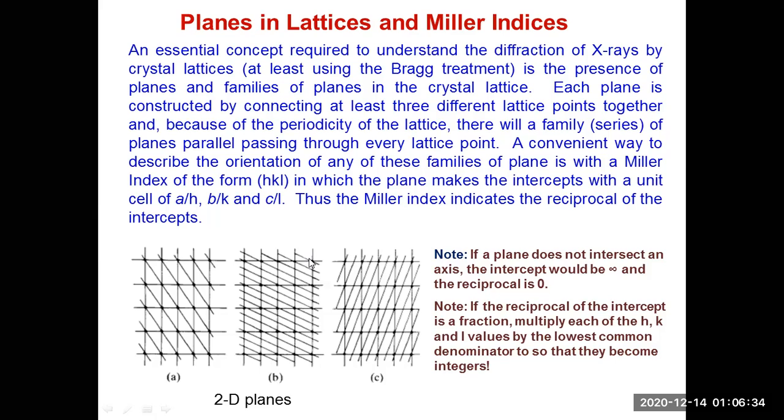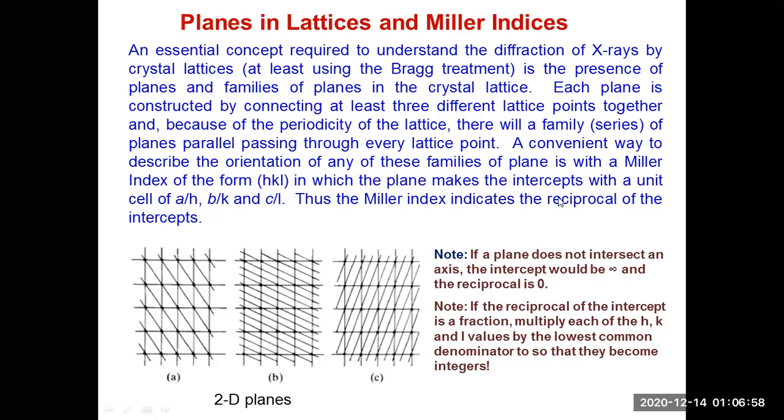This line segment is intersecting at this particular point. So if a plane does not intersect an axis, then the intercept of that particular axis is taken as infinity. And definitely 1 by infinity, the reciprocal, will give us the value 0.